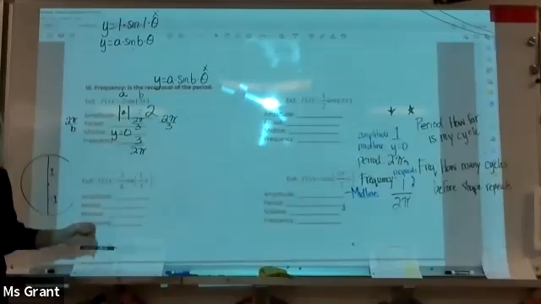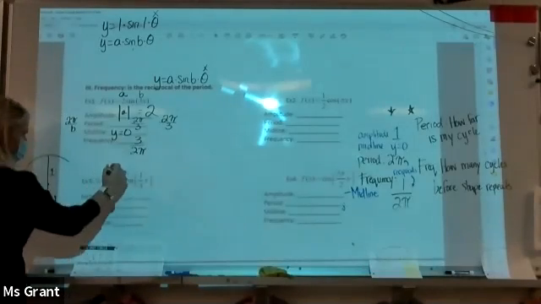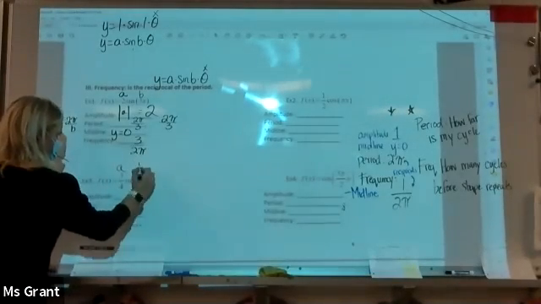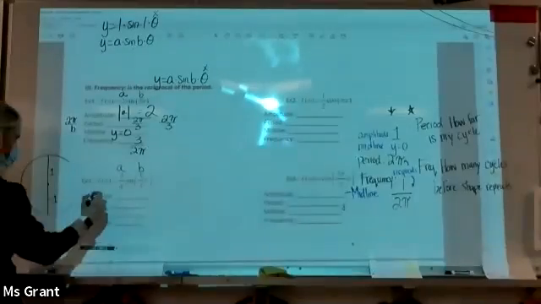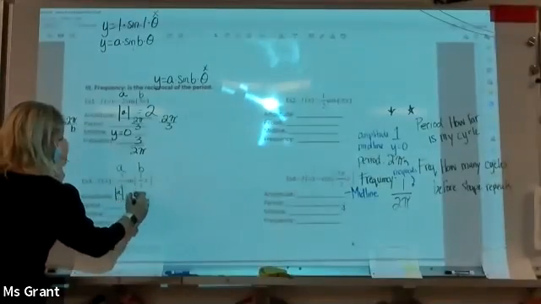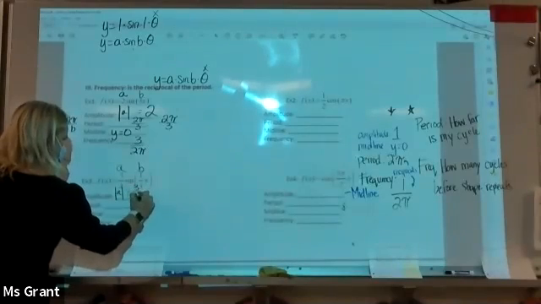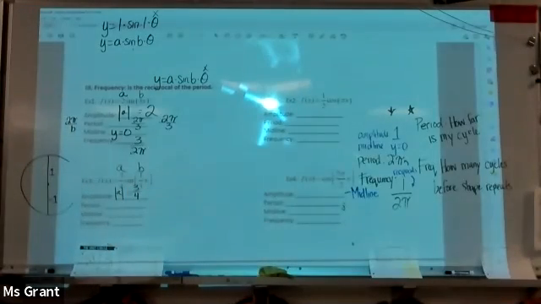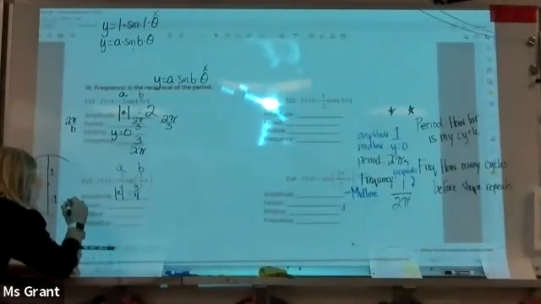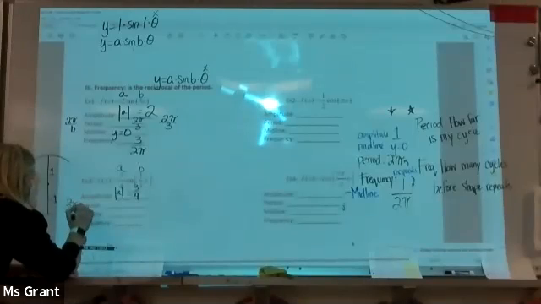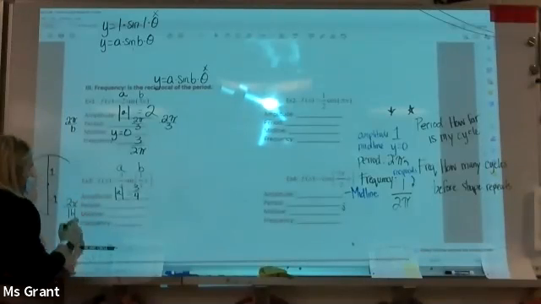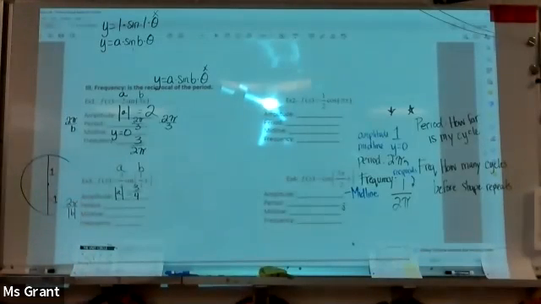All right, let's do example 3. My amplitude is the absolute value of A, so it's 3/4. My period is 2 pi over B. If B was negative, we're not going to have to worry about that though.